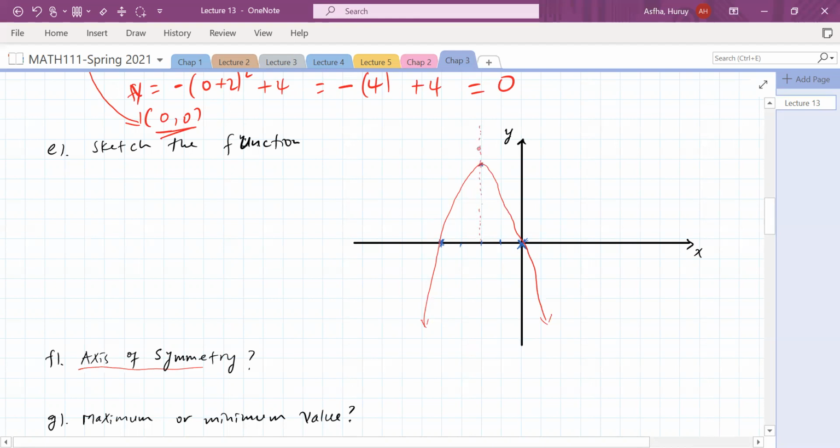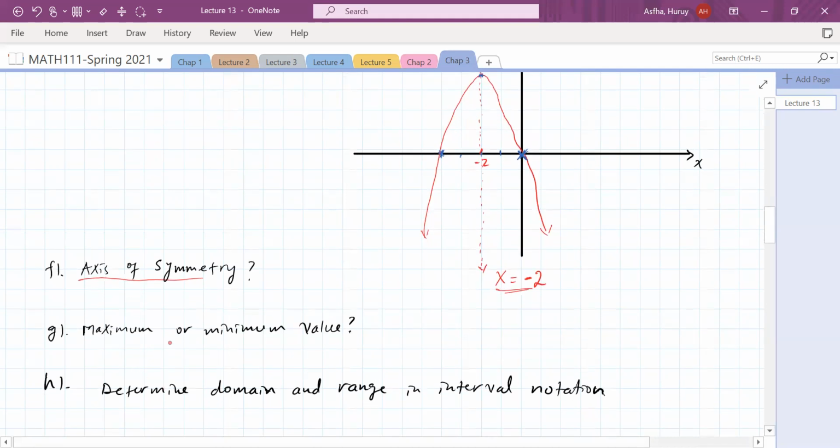Okay, so what is this line? This is the axis of symmetry. And the x value at this point is -2. So this vertical line is given by x equals -2. And the axis of symmetry is this line, not this number. x equals -2 is a graph by itself.